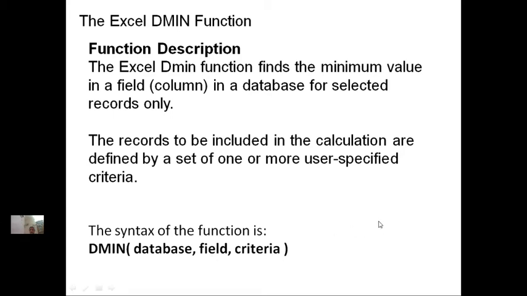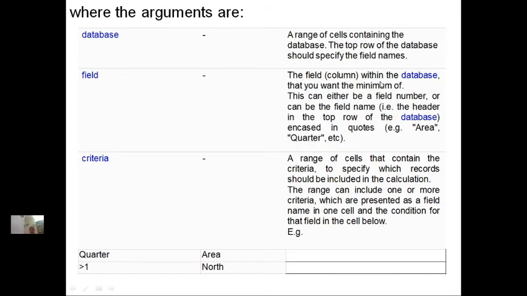Let us go to the next slide, which explains the arguments in the syntax: database, the range of cells containing the database; field, the column within the database that you want the minimum of; then criteria, a range of cells that contains the criteria to specify which records should be included in the calculation.